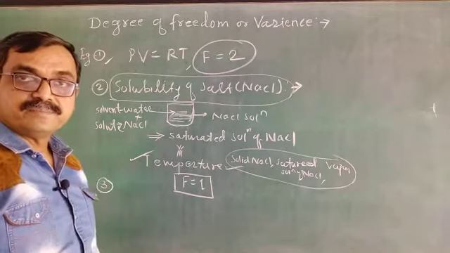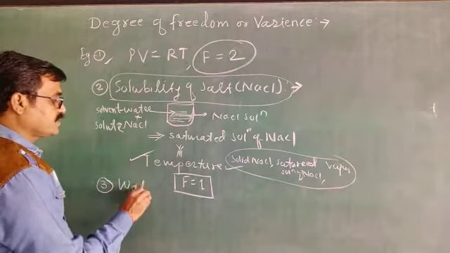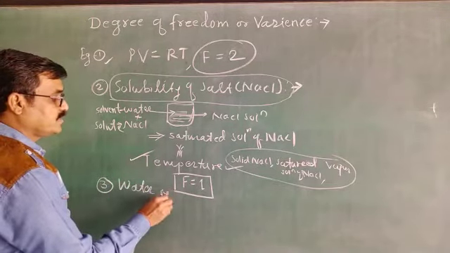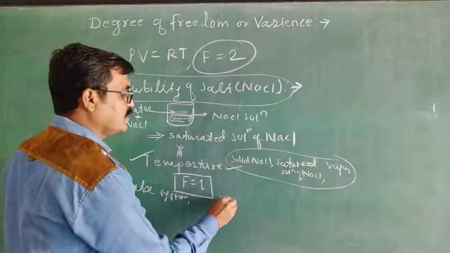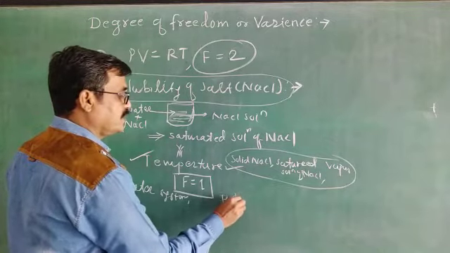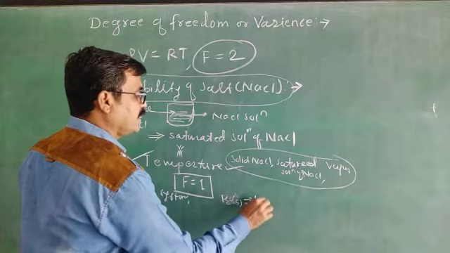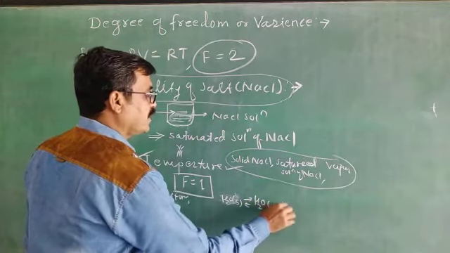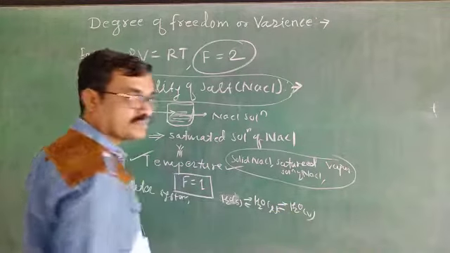Yesterday we have seen the water system. In a water system, water in solid state is in equilibrium with water in liquid state, which is in equilibrium with water in vapor phase.